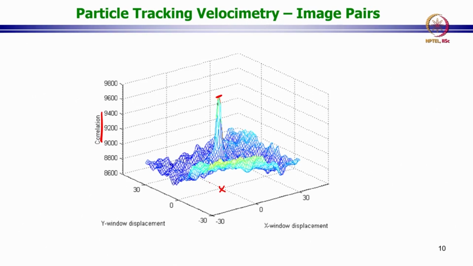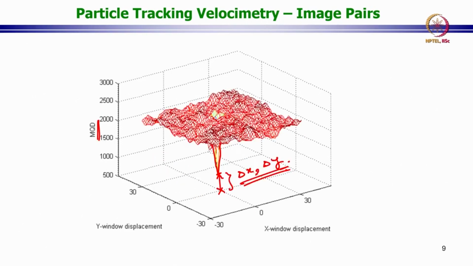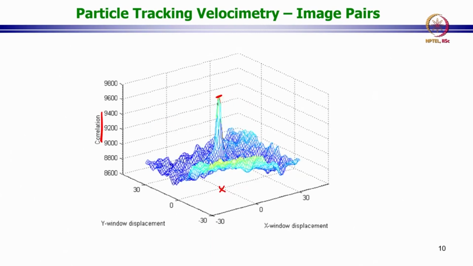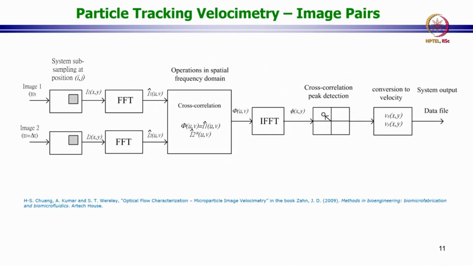So, you could calculate displacements in either of these ways. You could either do an MQD calculation or a correlation calculation, and the correlation calculations are more popular nowadays, and most algorithms tend to use correlation based tracking. But the two are related to each other, and you can see how they are.